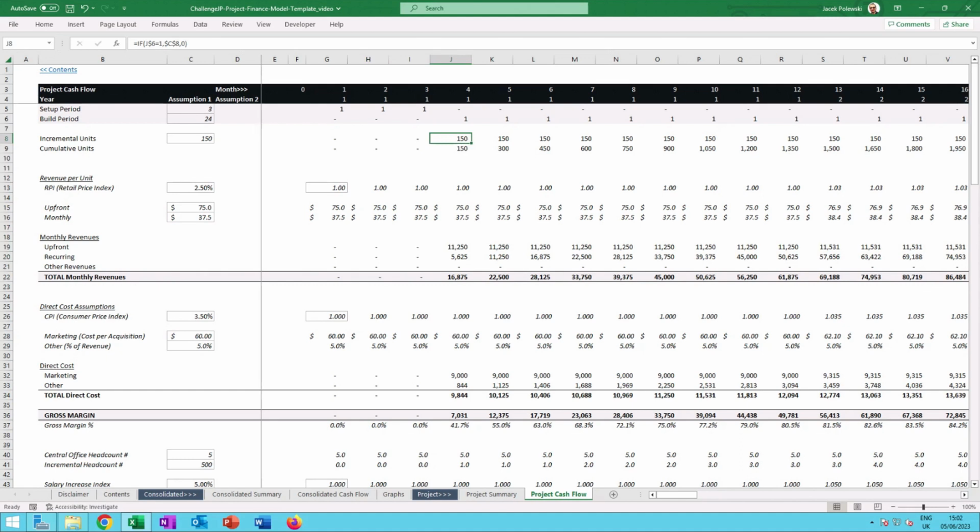For example, a telecom project where you connect different buildings, or a number of homes, to your network. That's where you see I have the incremental units. We would assume that on a monthly basis, you will connect 150 units, being, for example, homes or buildings, to your network, which will then give you a cumulative number of units.